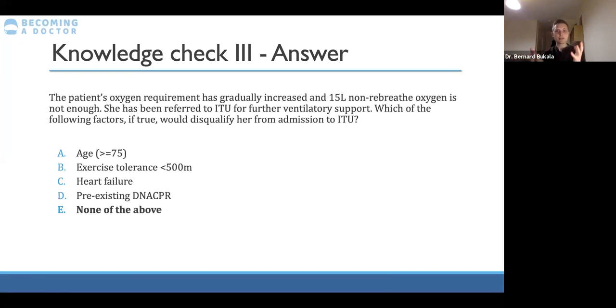Okay, but all the other treatments that we offer in ITU, like the ones we talked about, can still be offered to that patient. Now, it doesn't mean that they would be appropriate. All of them would need to be assessed for what they need, but all of the other ones are still open to that person, and they still need to be assessed separately. Okay, so none of these factors separately or even together would fully disqualify her from coming to ITU. Okay, so I'm really pleased you guys know that.